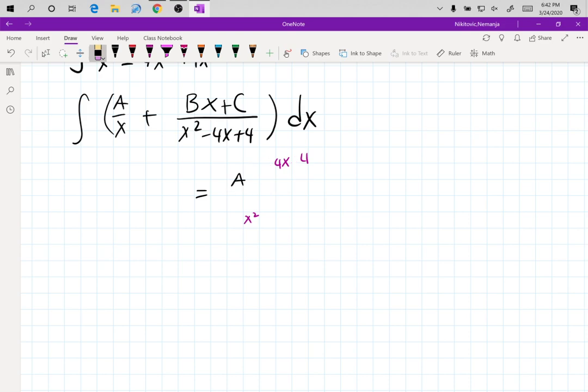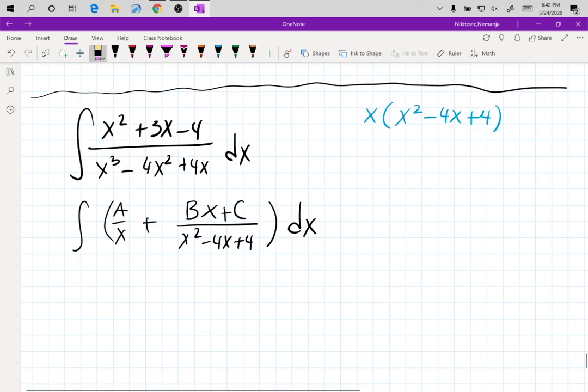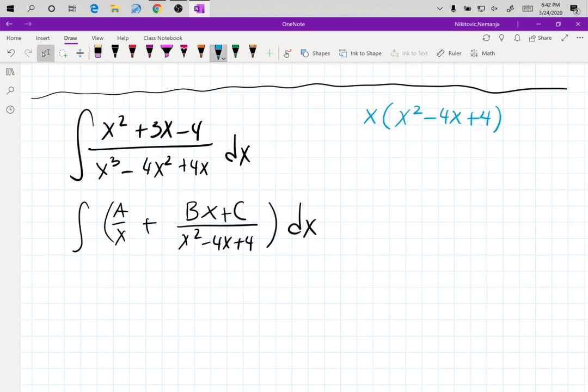This problem works out to be the same as the previous one. Boring again. So x minus 2 squared, and we have exactly the same as what we had earlier.